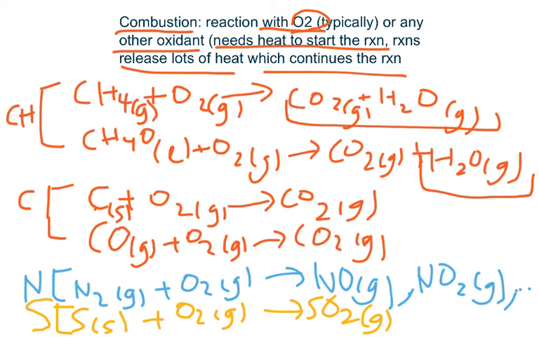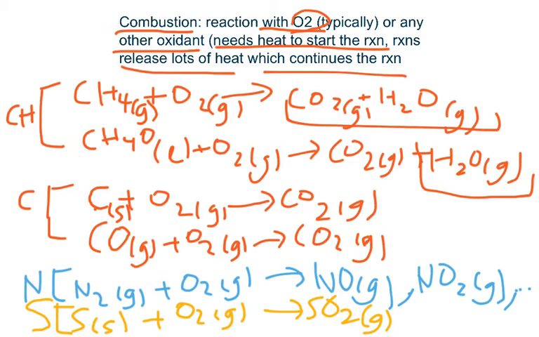So, for example, if you combust methane with oxygen gas, you will produce CO2 and H2O.